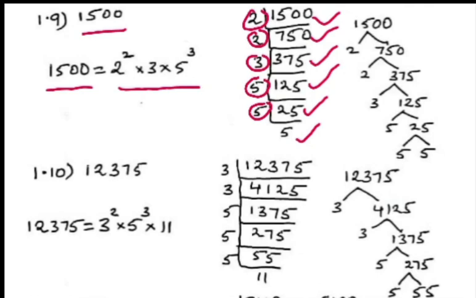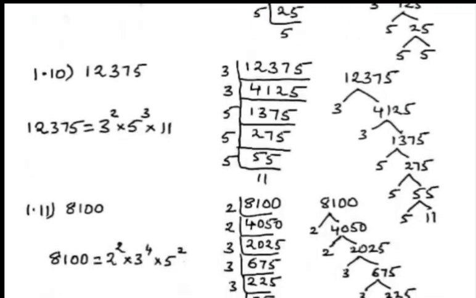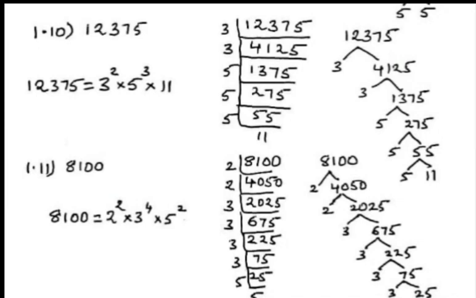Now we consider another problem. 12,375. 12,375 is divided by 3, we get 4,125.